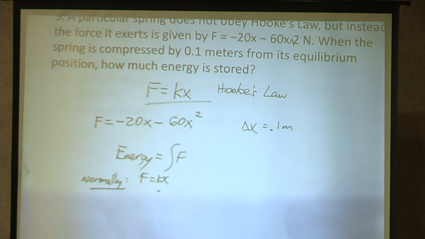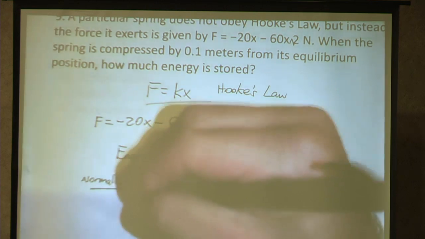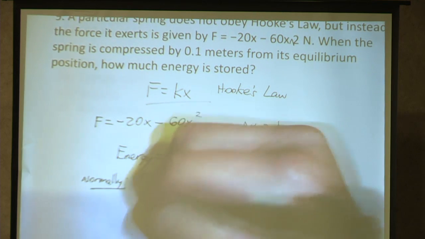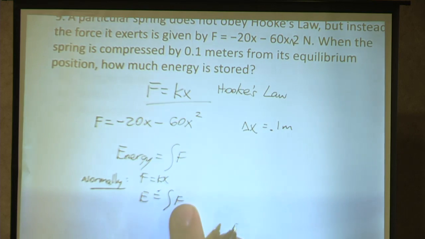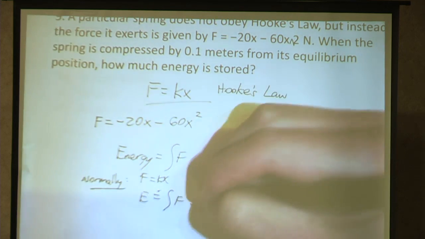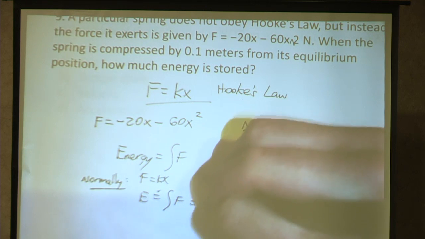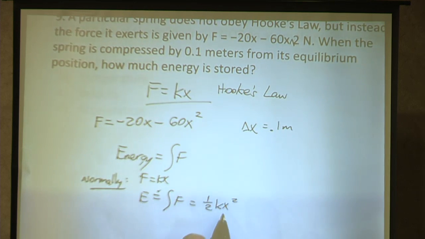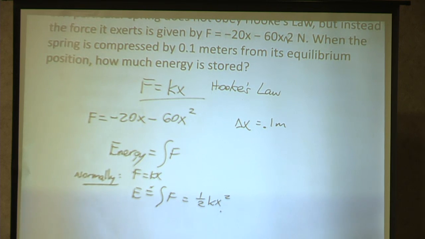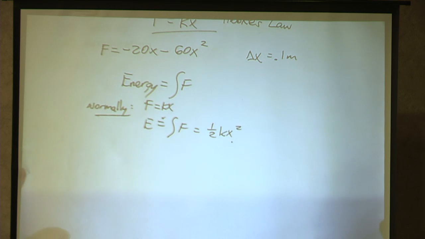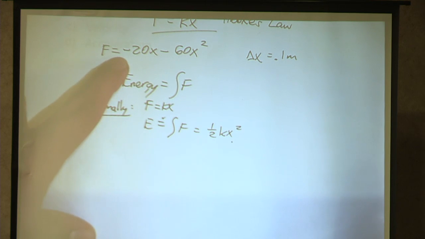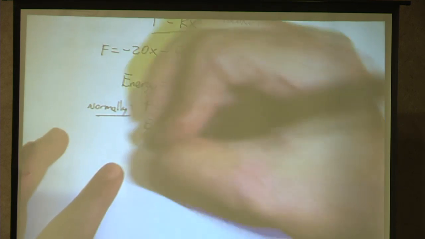When you want energy, that's the integral of force. And from the power rule in Calc 1, that's 1/2 kx squared. So normally, the potential energy in a spring is 1/2 kx squared. But in this case, we don't have kx. Instead, for some reason, our force is represented by that equation. But we're going to follow the problem the same way.